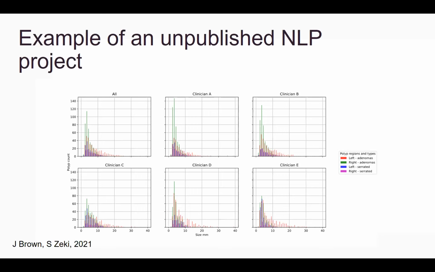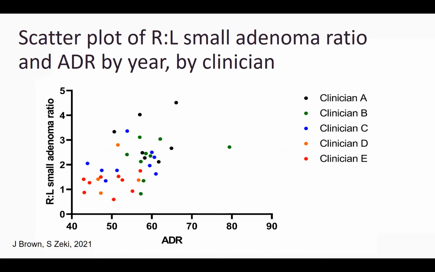That's also demonstrated in a scatter plot where the ratio in the different clinicians is compared, and you can see that the red dots for clinician E are not as scattered, so they're not looking for those right-sided adenomas when they do it.